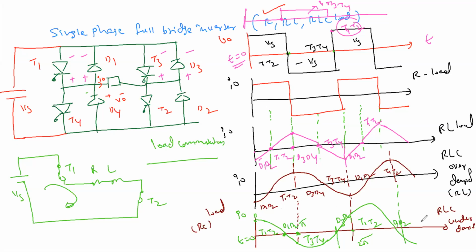In RLC underdamped load, T1 T2 is naturally commutated, which is called load commutation. Similarly, T3 T4 also naturally commutated.